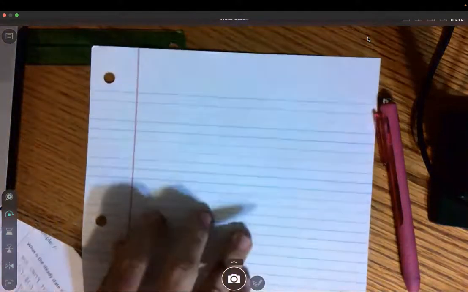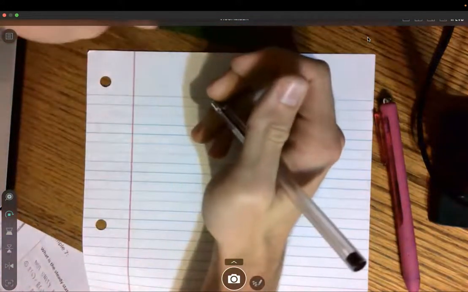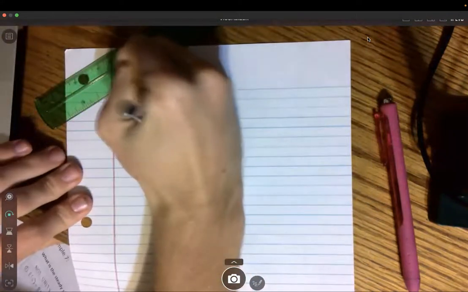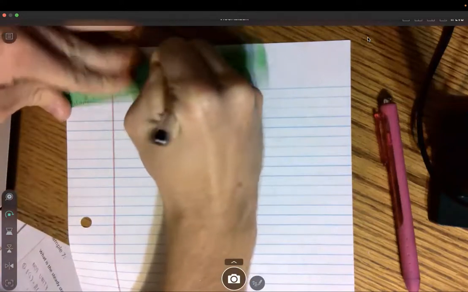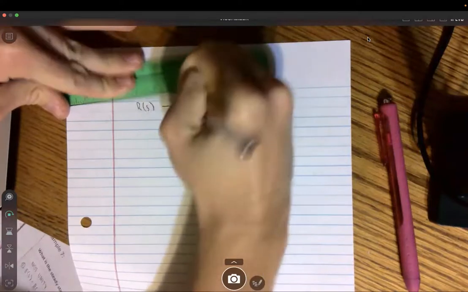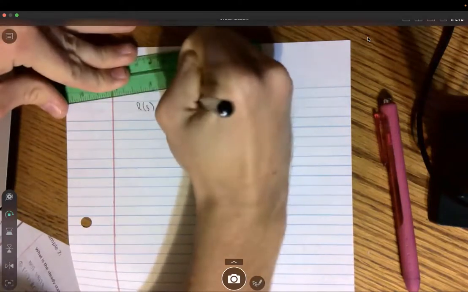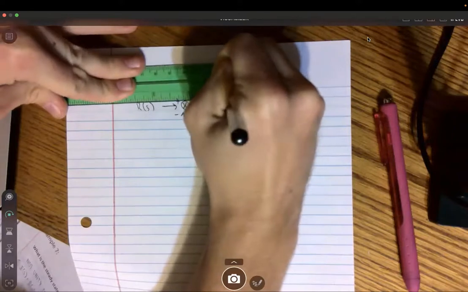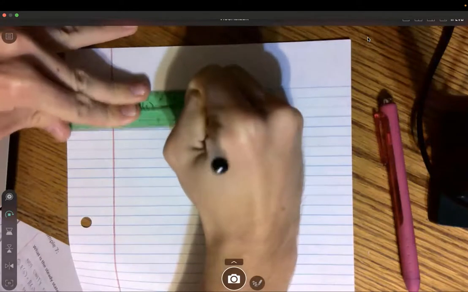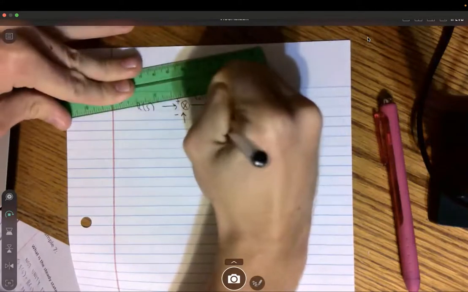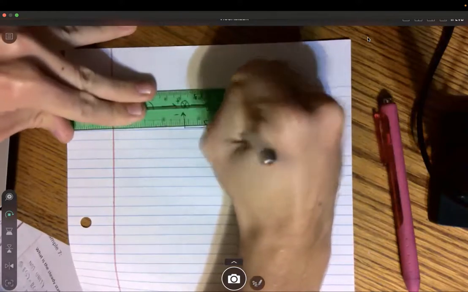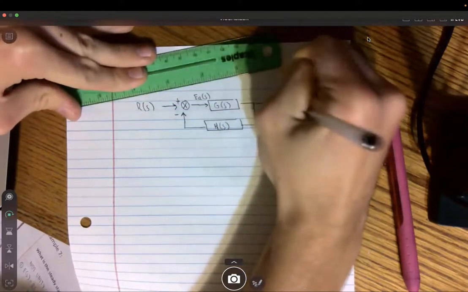Say we were given a system that had an R of S, and here's our summing junction. And this is our G of S, and then here we have an H of S. And through this, we have our C of S, which is our output.